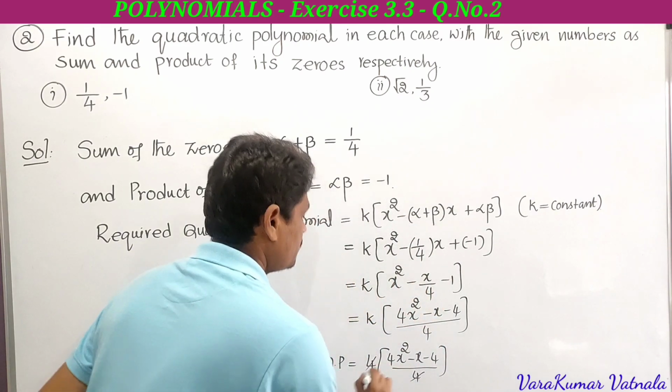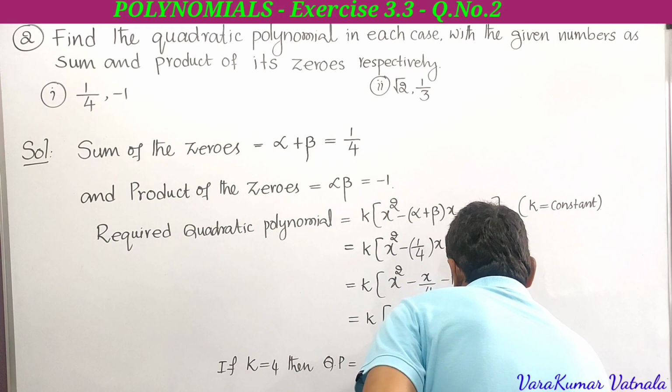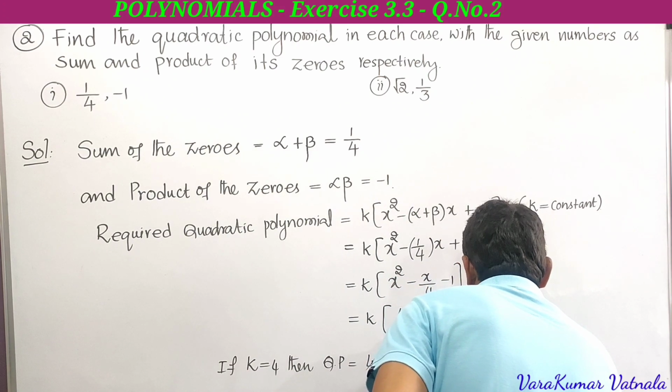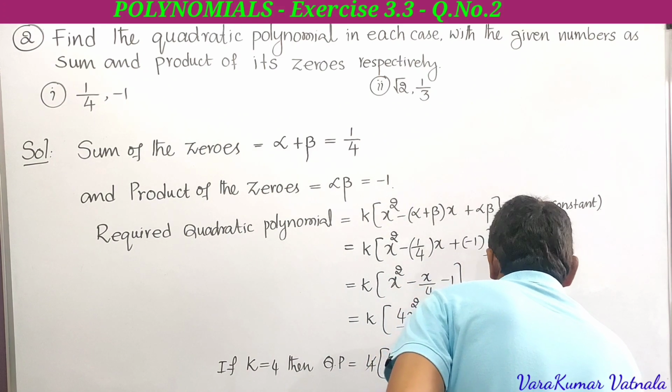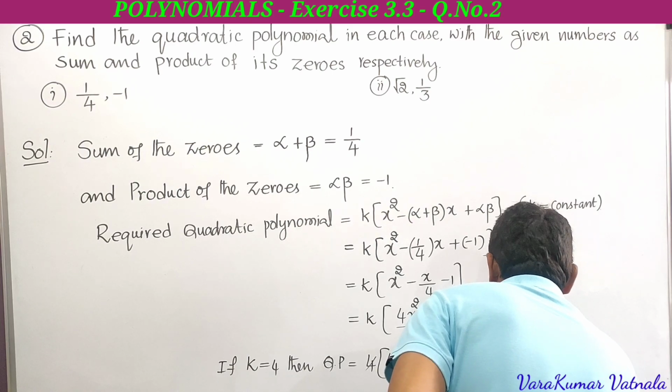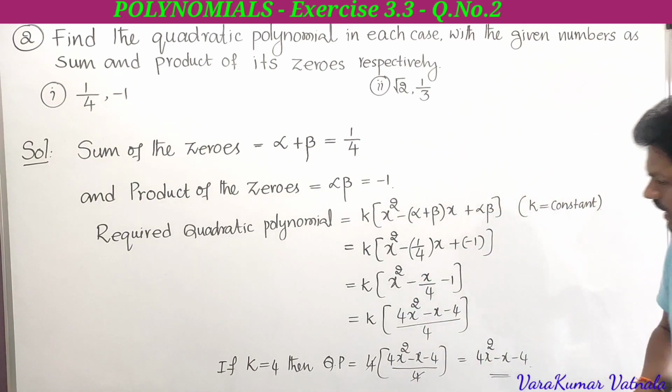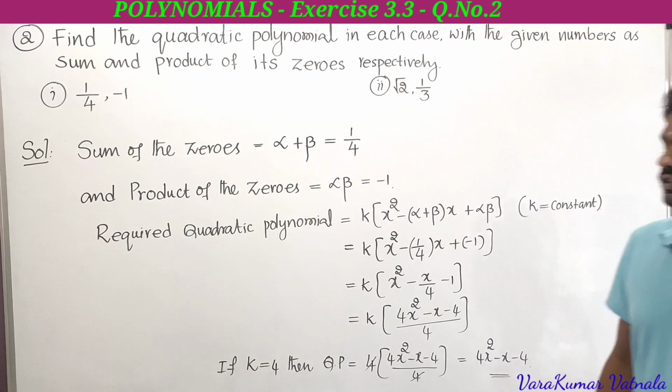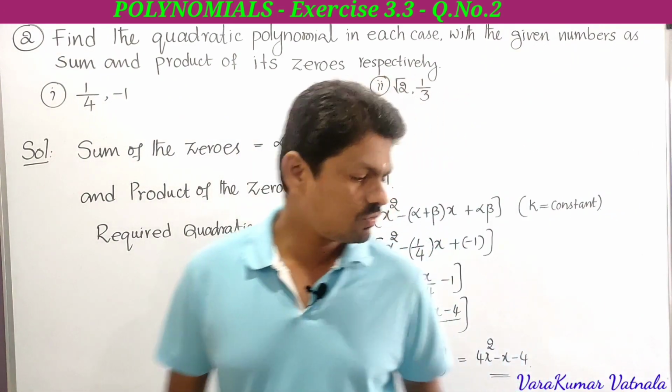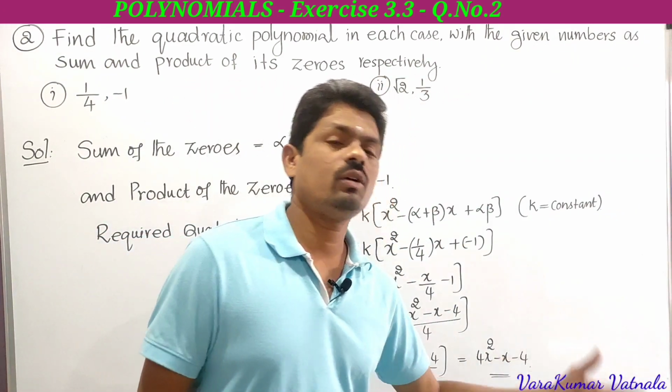So 4 gets cancelled. Finally we get 4x square minus x minus 4. So this is the required quadratic polynomial when k is equal to 4.